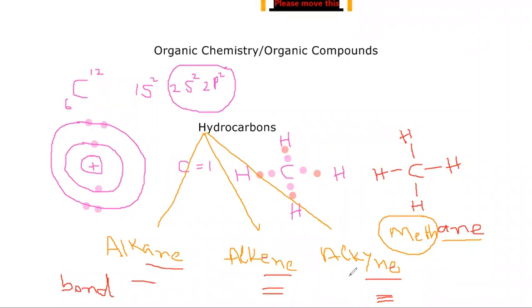So you can easily identify which class of hydrocarbons it is with the help of the single, double, and triple bond: single bond with the alkane, double bond with the alkene, and triple bond with the alkyne.